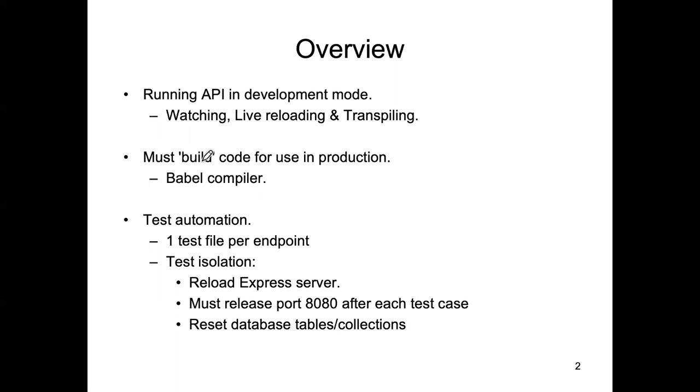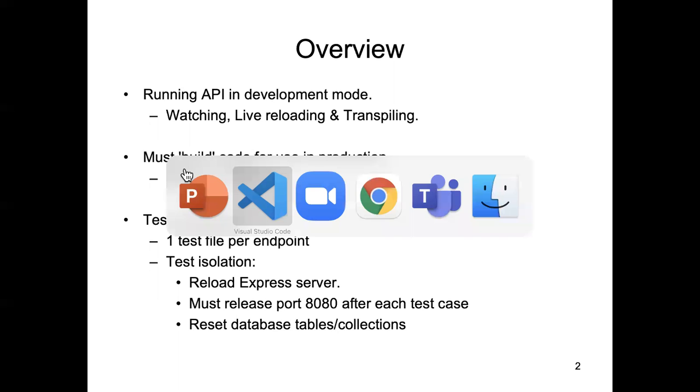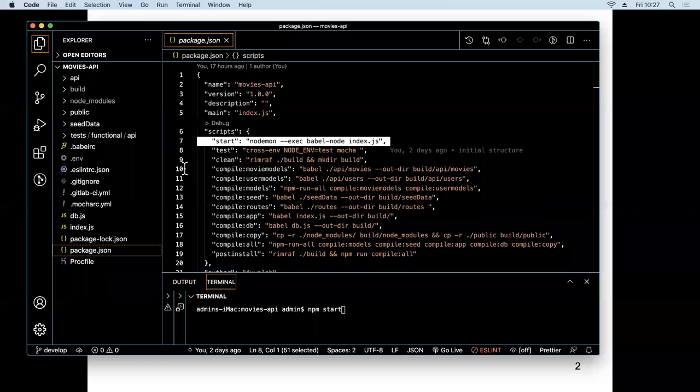And we're going to use Babel to do that for us again. And so when I compile or build a version of my API and I put it into a local folder, it's a bit like bundling in the React world. And in my case, here is my folder.